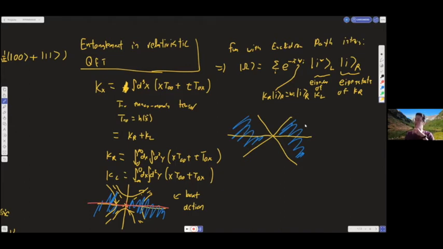So this is called the right Rindler wedge, and this is called the left Rindler wedge. And this k right and k left are often called the Rindler Hamiltonians. It's a kind of weird name, but that's what they're called.